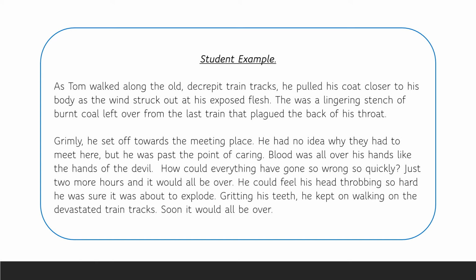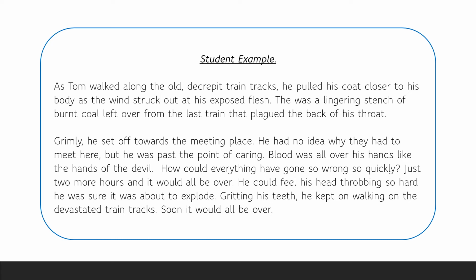So it says then, as Tom walked along the old, decrepit train tracks, he pulled his coat closer to his body as the wind struck out at his exposed flesh. There was a lingering stench of burnt coal left over from the last train that plagued the back of his throat. Grimly, he set off towards the meeting place. He had no idea why they had to meet here, but he was past the point of caring.